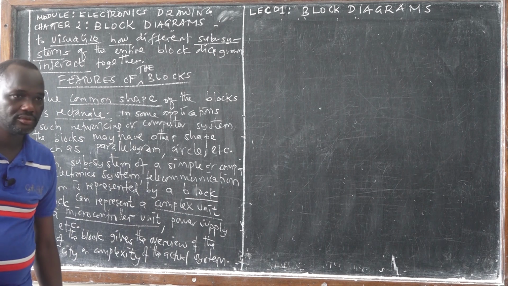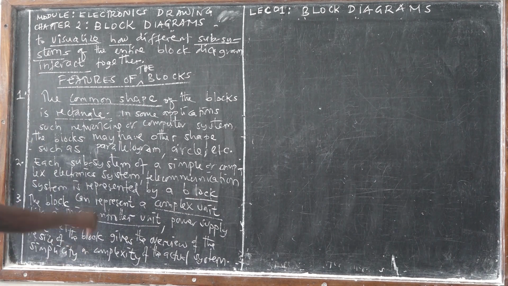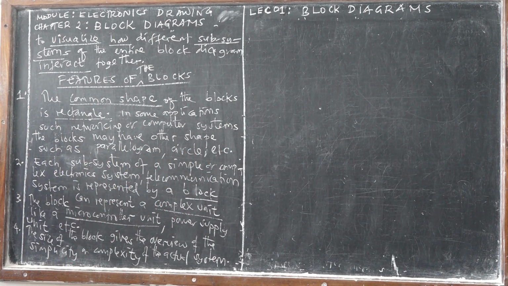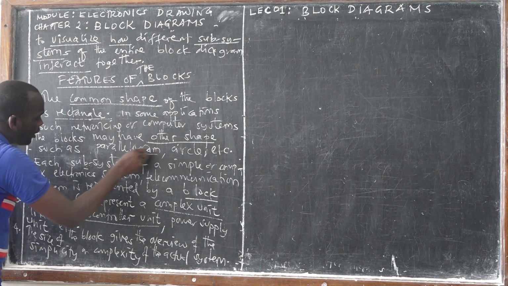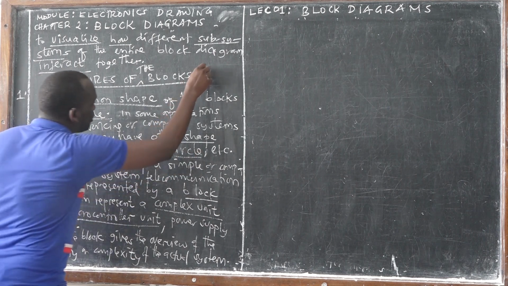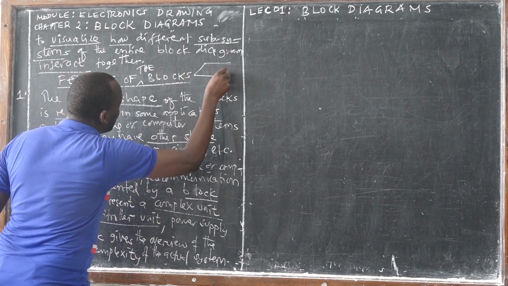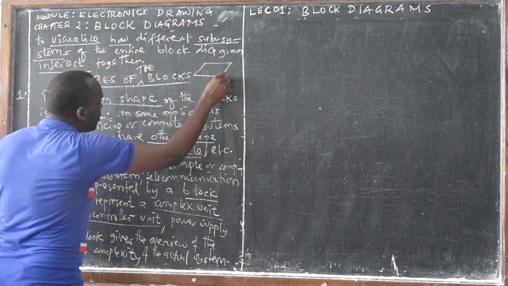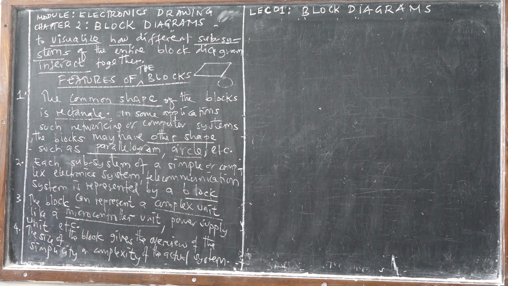However, in some applications such as networking or computer systems, the blocks may have other shapes, such as a parallelogram, which is just like this one. You will see it especially in flow charts. And what is the shape of this one? Oval. Are we together? Yes.